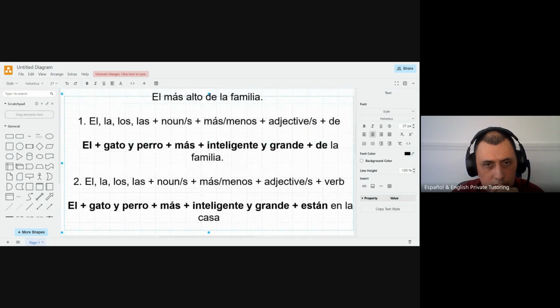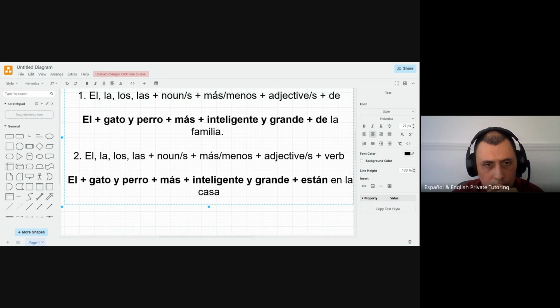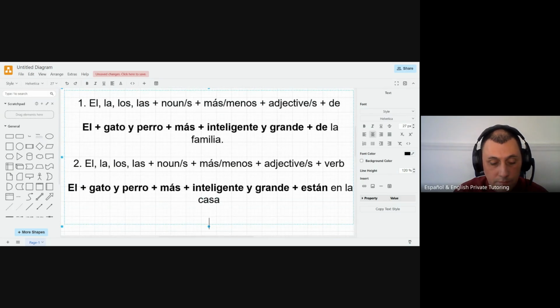So we have this. Now, what if you want to say your cat and dog are the most intelligent and big animals in Philadelphia? Put a sentence here first.